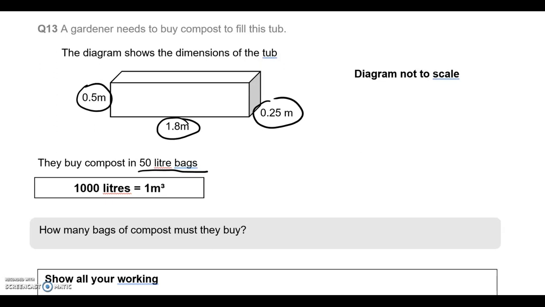So we'll go 0.5 times 1.8 times 0.25. That is equal to 0.225 cubic meters.